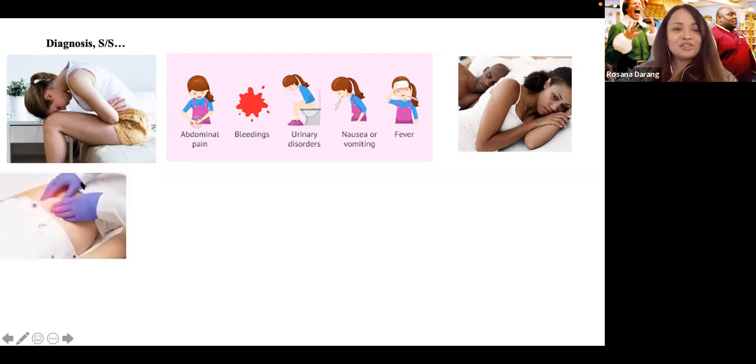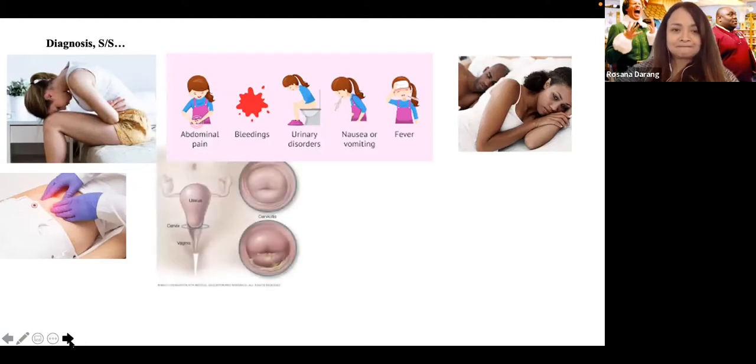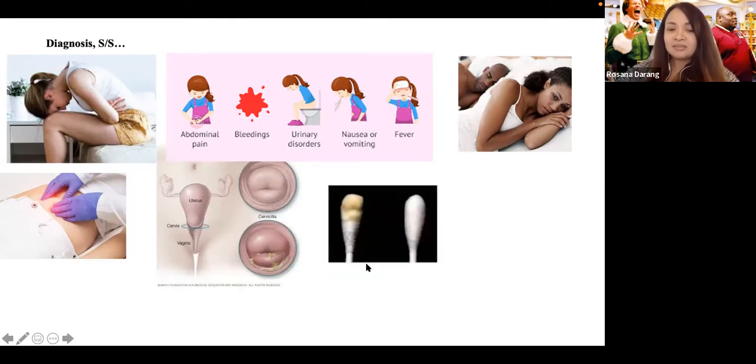This picture shows a nurse or a doctor doing their bimanual examination. So there's tenderness. This is pus in the cervix, which is viewed via vaginoscopy, or you can insert a cotton tip swab into the vagina. As you can see, there's pus collection at the tip of the swab, and that automatically tells you there is infection going on.